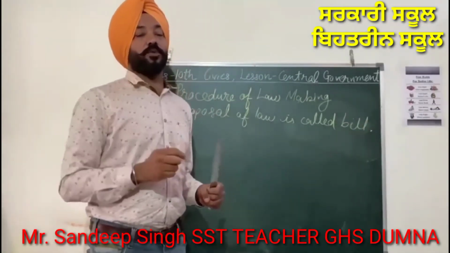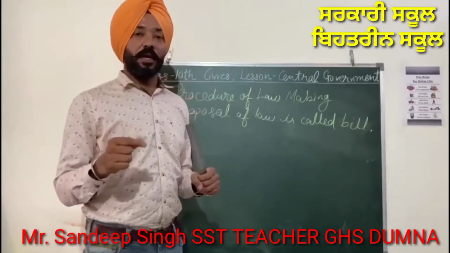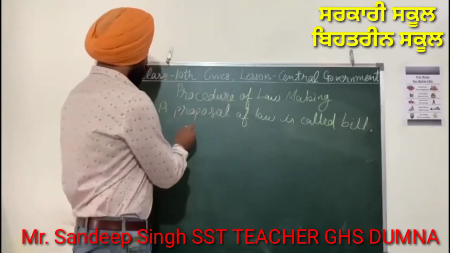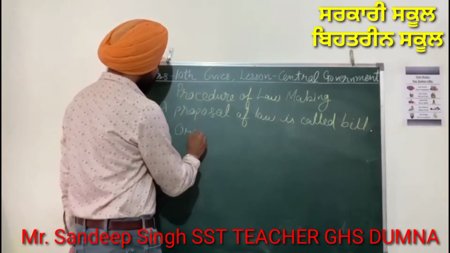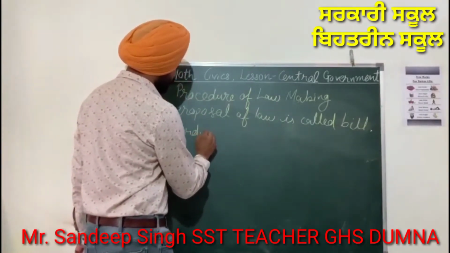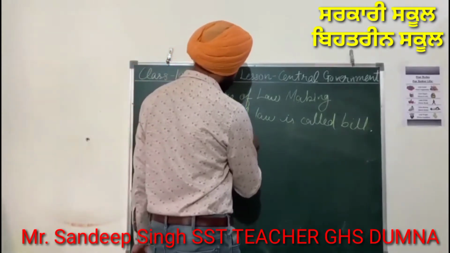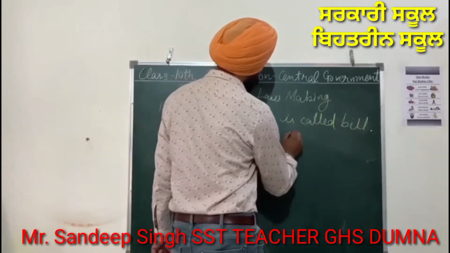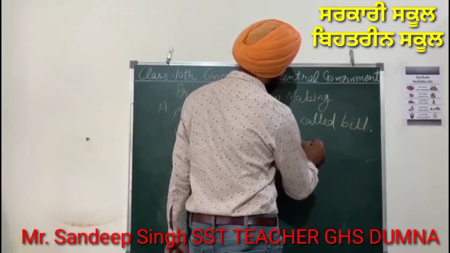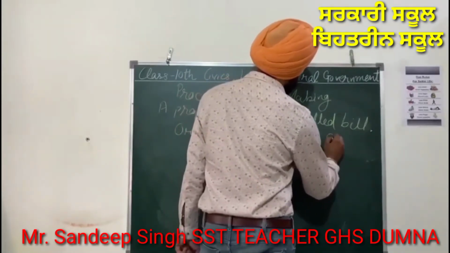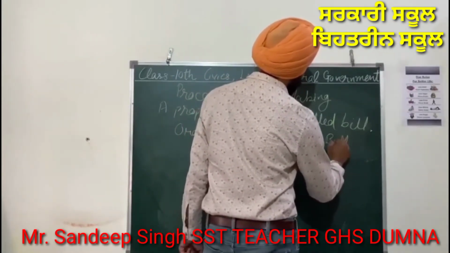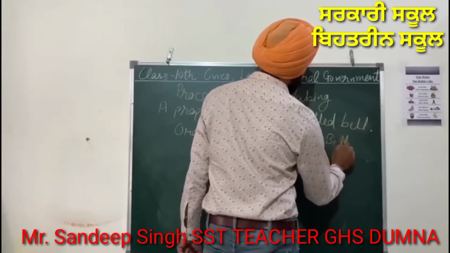There are two types of bills: ordinary bill and money bill. Ordinary bill means sadharan bill, and money bill means vitti bill.